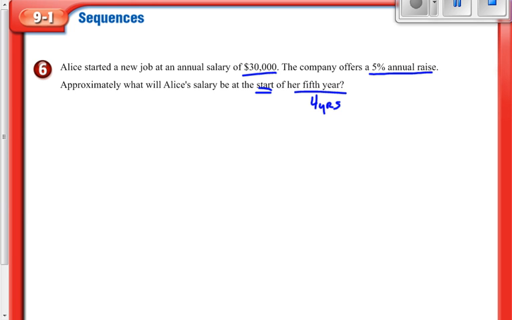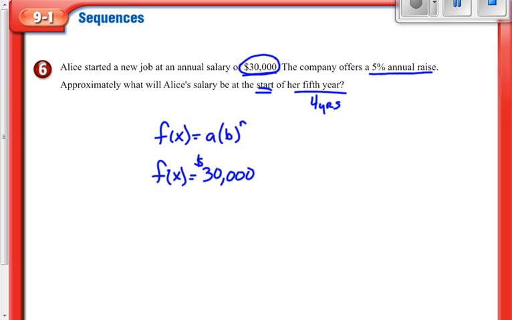So here's our formula. F of x equals a b to the nth power, or the power of x. A represents the starting point. Well, what did she start with? Her annual base salary right there. So I'm going to go ahead and substitute that in for A, 30,000.